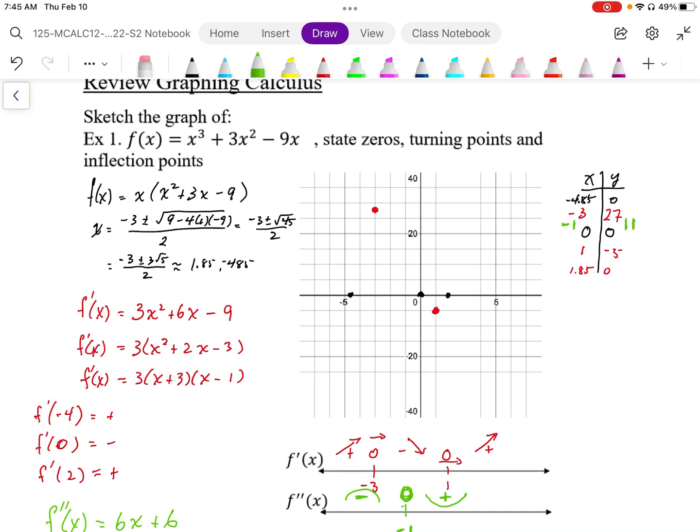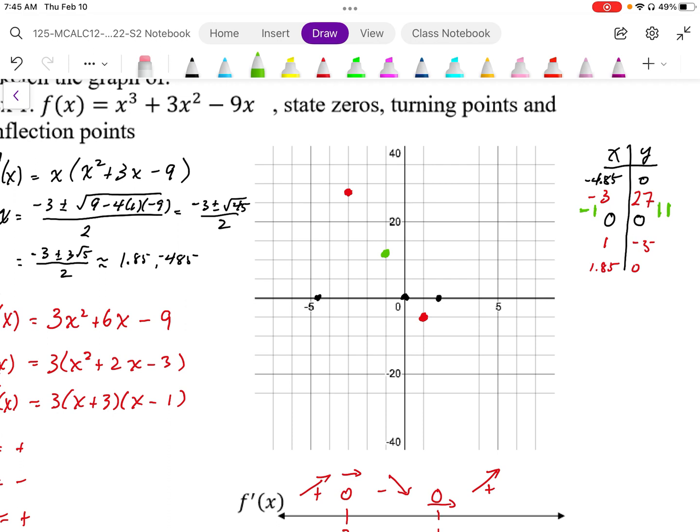Okay, so negative 1, positive 11, maybe somewhere around there, and that represents my inflection point. Okay, just want to double check that calculation. Negative 1 plus 3 is plus 2. Plus 9 gives me plus 11. So that's correct. So there's the points I'm going to use to draw this.